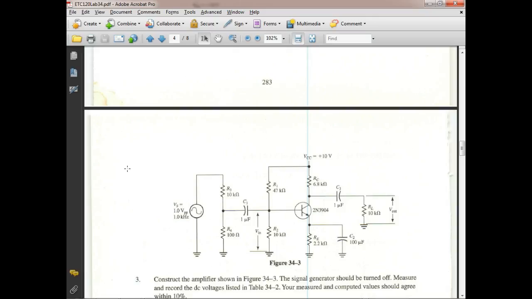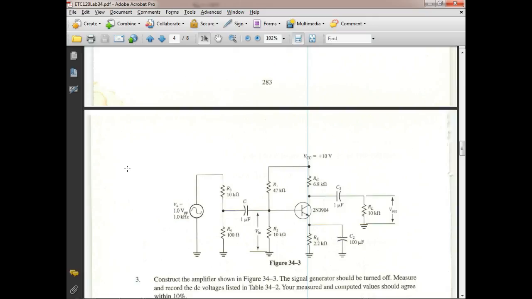On handout lab 1, I got 5 turned in, so somebody didn't do that. Lab handout 3, I got 6 of those, so everybody did that. And then testing bipolar transistors, I got 5 of those turned in. Somebody hasn't done those.